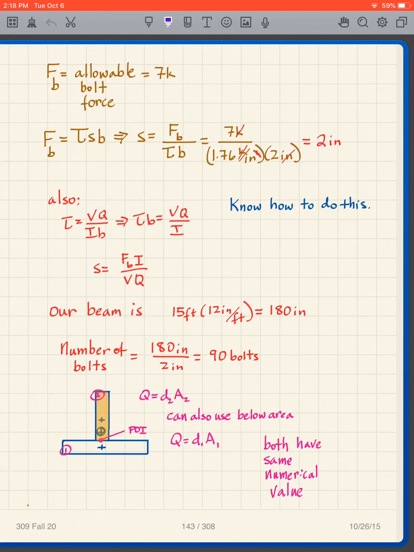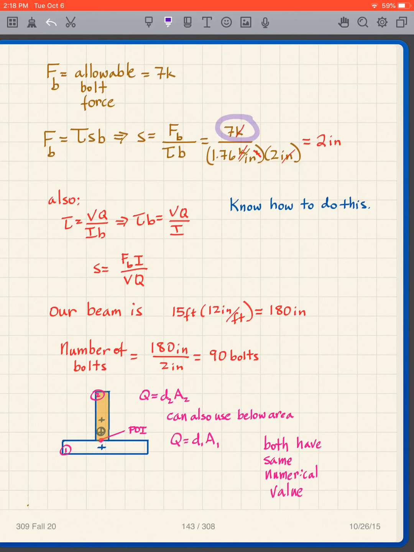So that's the most, that's allowable, so there's a little bit of safety in there. And so the allowable force in the bolt is tau SB, and so I can solve for S. S is FB over tau times B.